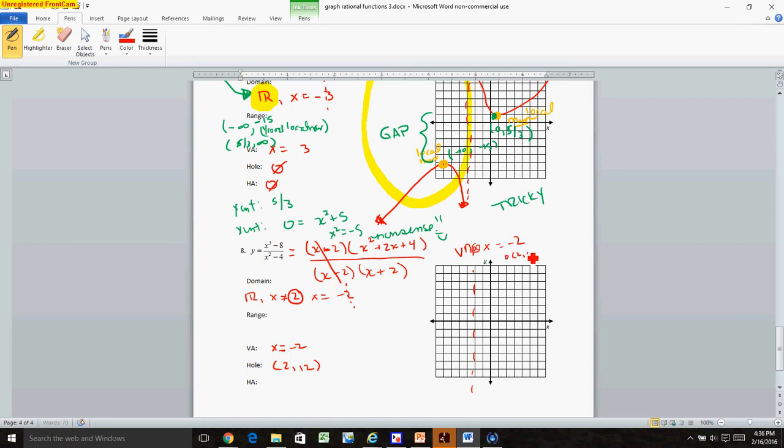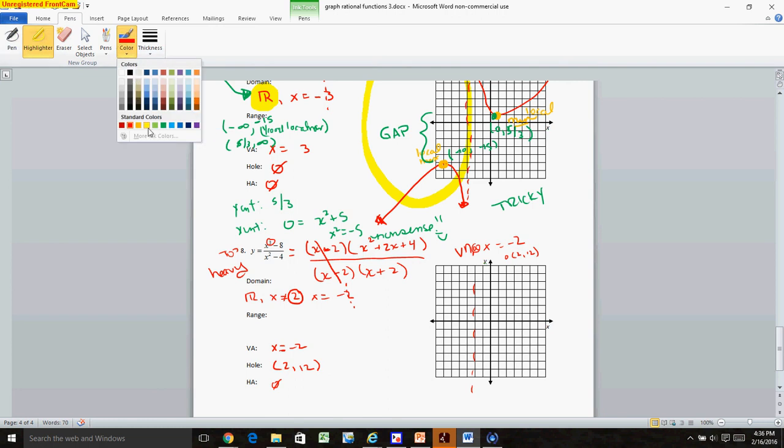Just going to put it up there. I'm top heavy again, so I don't have a horizontal asymptote. So I only have one suspect. And that's 12.